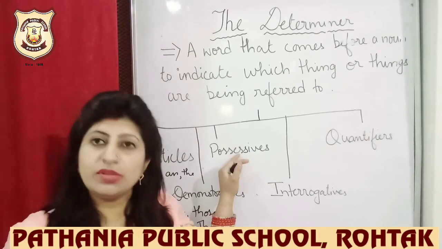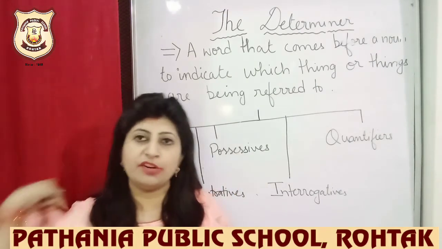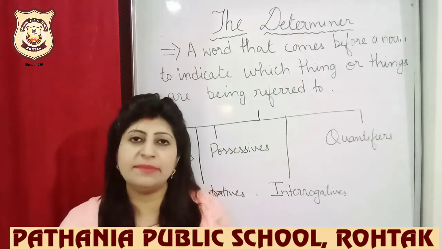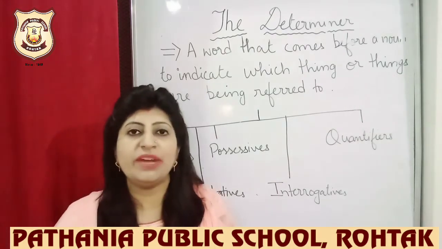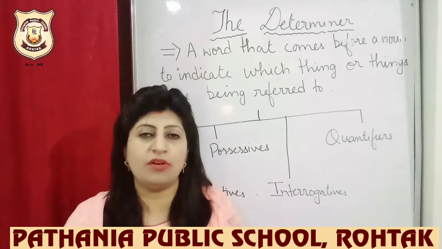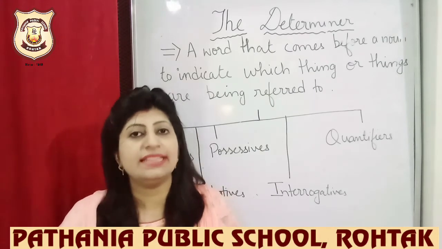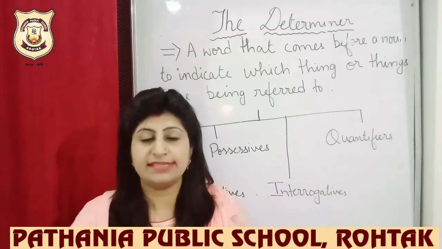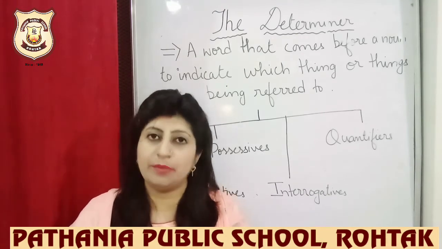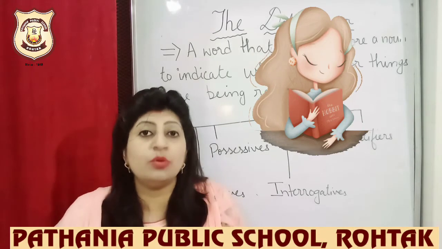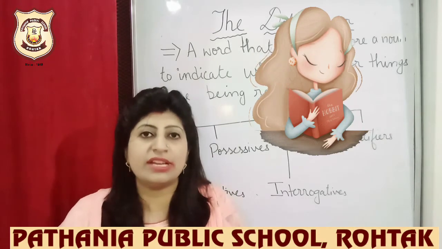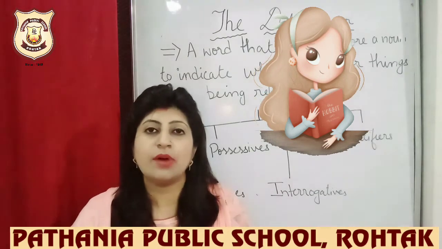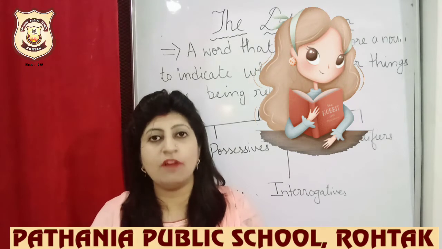Next we have the possessives. Possessive refers to possession, that means something that belongs to you or to someone. When we are showing the belongingness of a thing, person or place, we use the determiners that come under the heading possessives. For example, when I say my book, if you ask the question, whose book is this? The answer is my. That means I am the owner of the book. So here my is an example of a possessive.